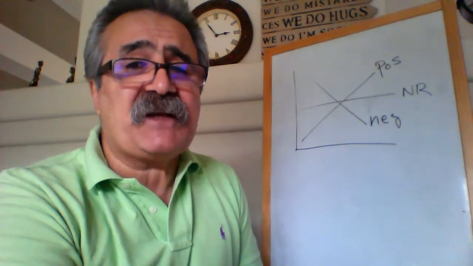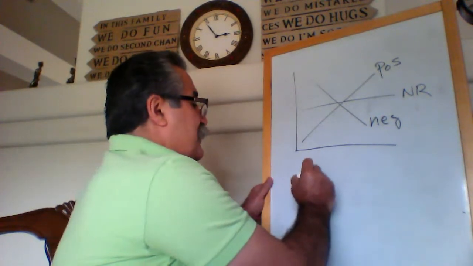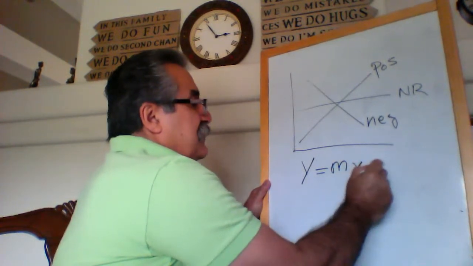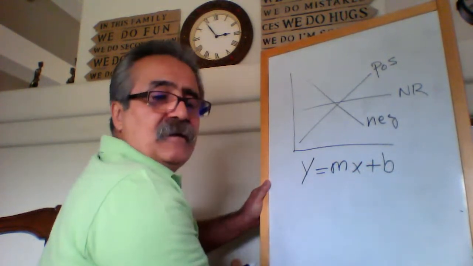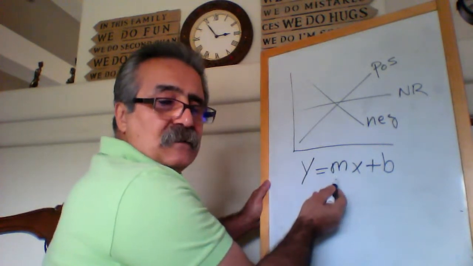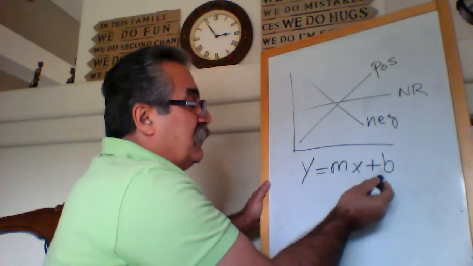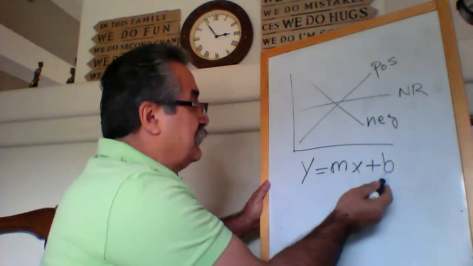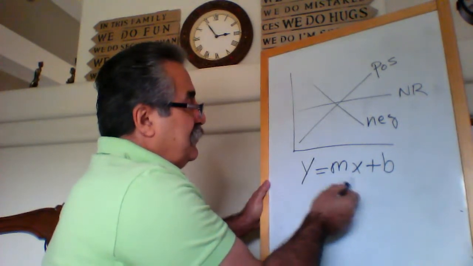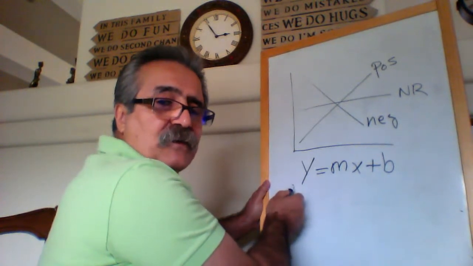Y is equal to mx plus b. This is the linear equation. If you guys remember, m is the slope, x is the x variable, b is the y-intercept. So for any given value of x, we should be able to tell what the estimated value of y would be.